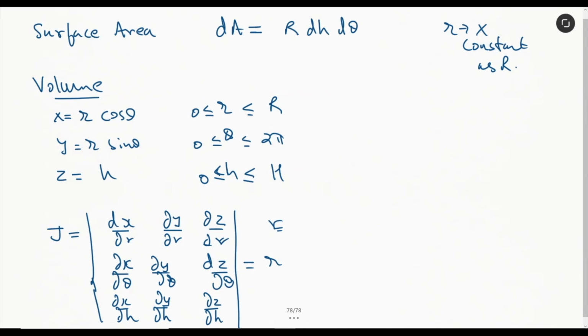So that makes the elementary part of dV as r dr d theta dh, with these being the limits, right?